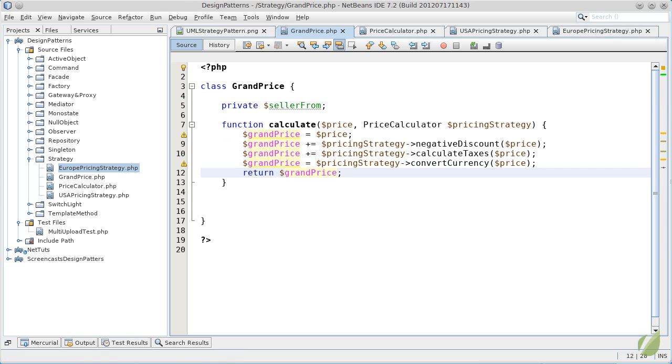Our new grant price calculator will never know that it is using a pricing strategy that existed now or it was created 3 months from now. It doesn't care. All it has to know is that there is a strategy which has a set of methods, and if a price has to be computed, it can be done using that strategy.